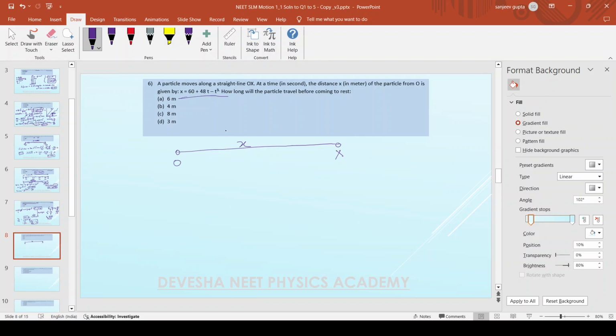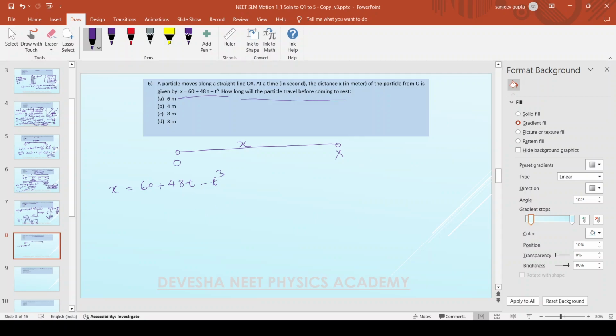It asks how long the particle will travel before coming to rest. So x is equal to 60 plus 48t minus t cube.